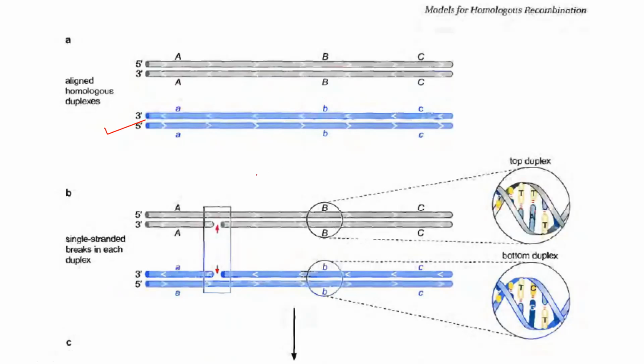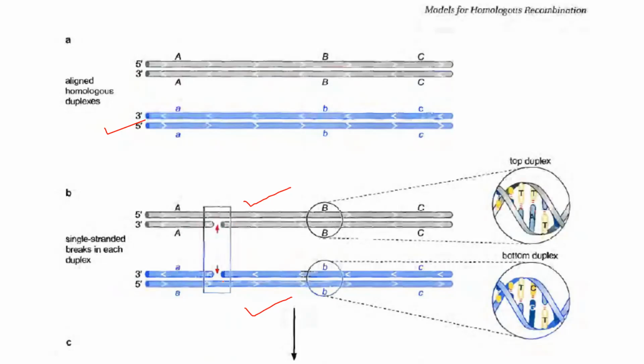After the alignment, the next step is single-stranded breaks in each duplex. You can see there's a single-stranded break in this DNA molecule, and there's a single-stranded break in this DNA molecule. So in both the aligned DNA molecules, there are single-stranded breaks. These breaks occur at the same position.